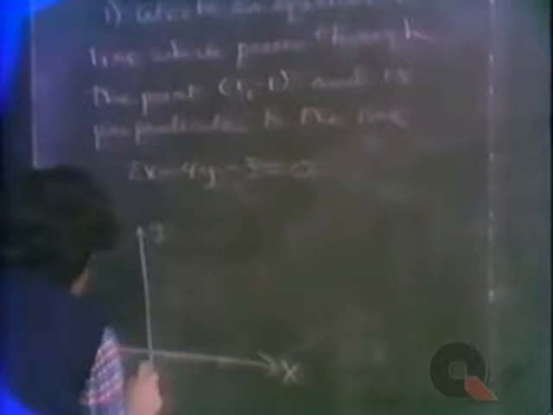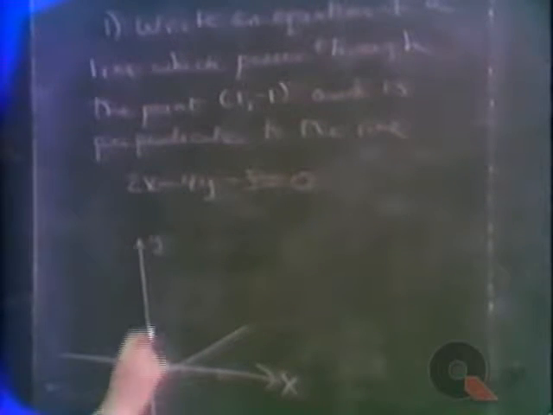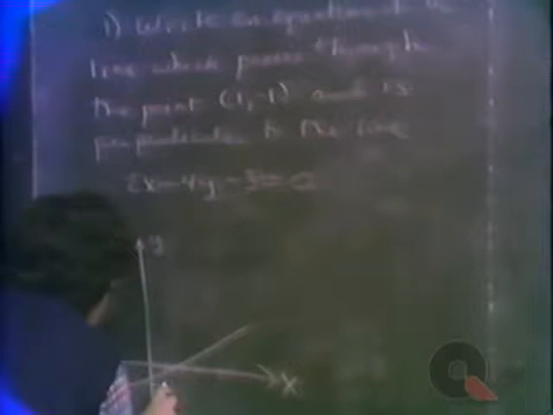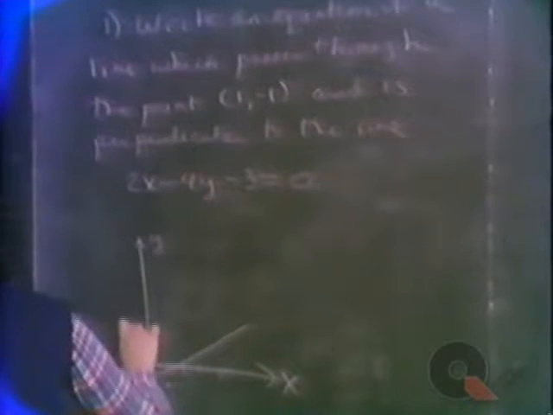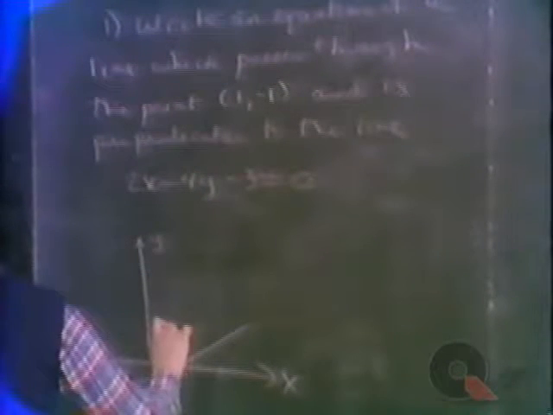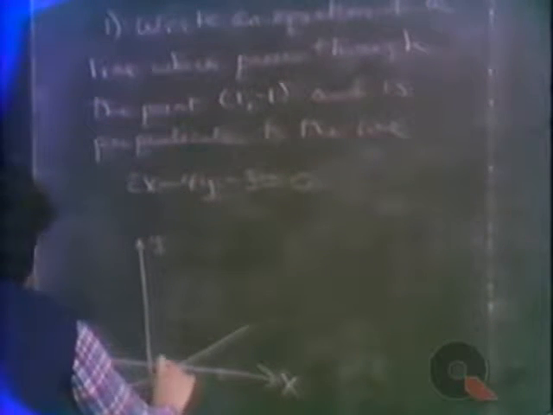So around here, we have a line that looks something like this. And we have a point (1, -1), which is not on the line. We would like to find the line which passes through that point and is perpendicular to the given line. That is, we'd like to find the equation of this dotted line, which is perpendicular to the heavy line.